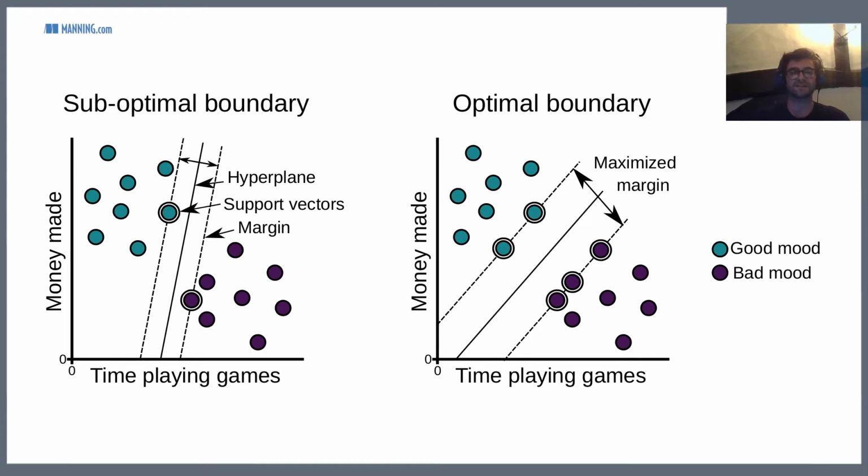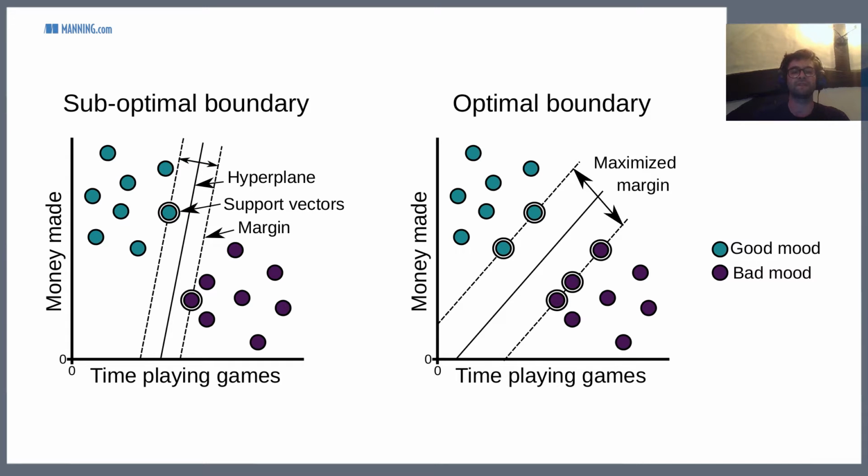This is a sort of silly example that I've taken from my book, illustrating what support vector machine models aim to achieve. So support vector machines learn a hyperplane that extends through the feature space that best separates the different classes that you have in your data sets.